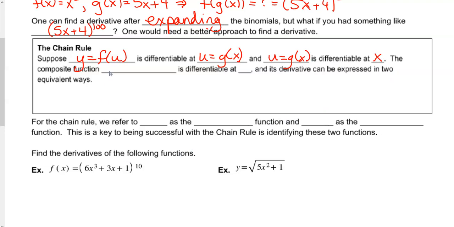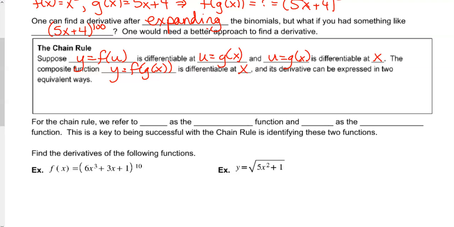The composite function y equals f of g of x is differentiable at x, and its derivative can be expressed in 2 different ways.